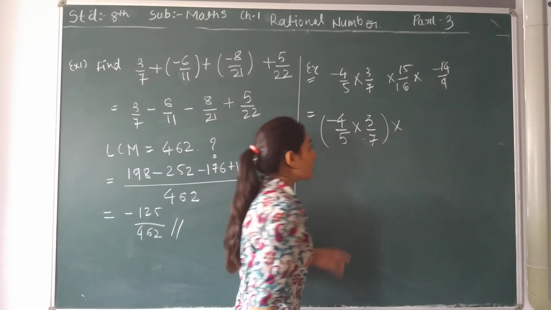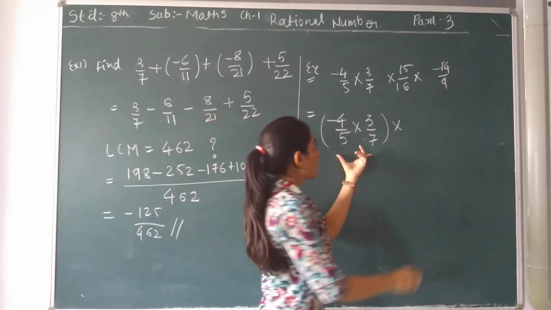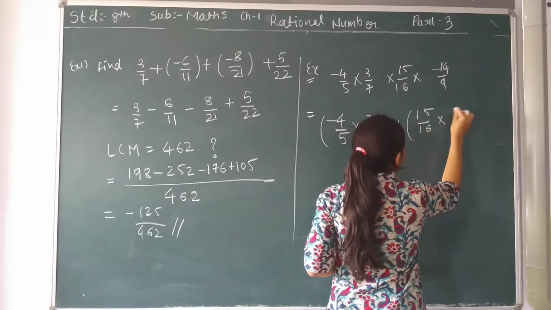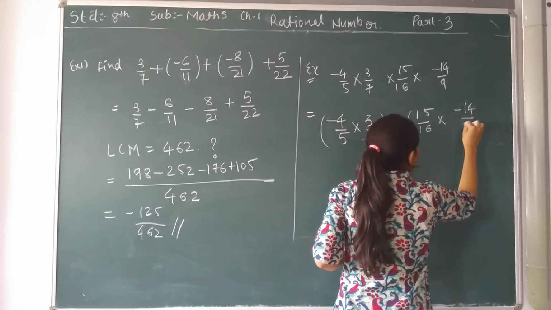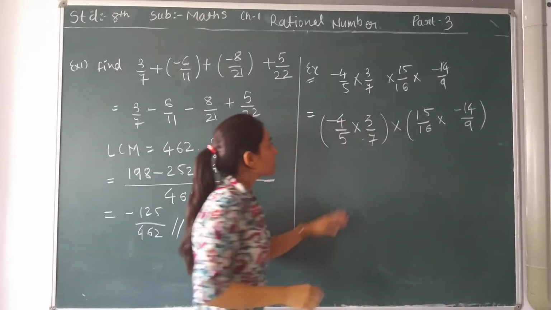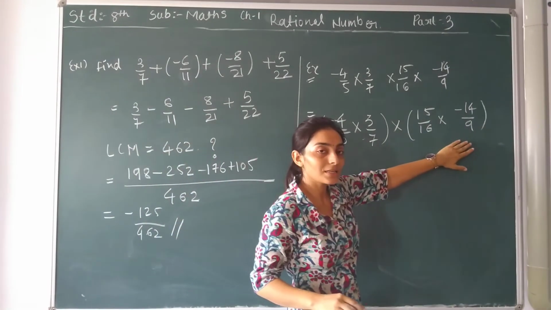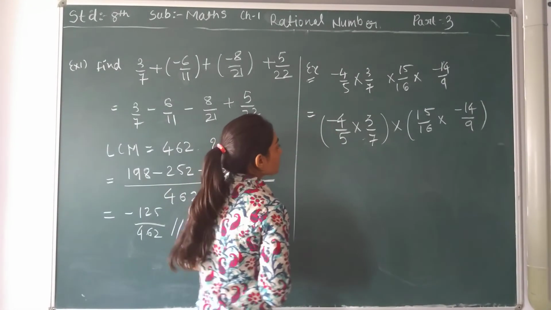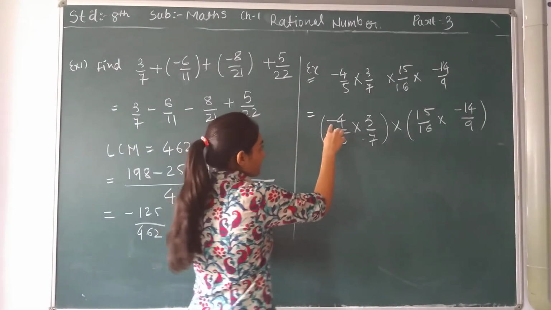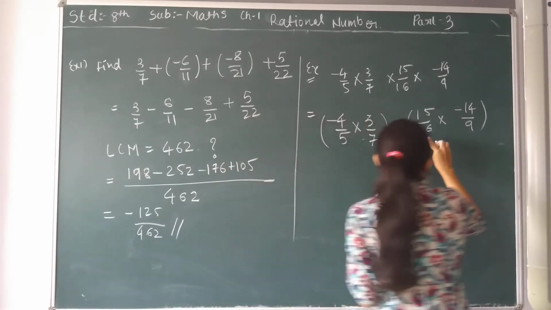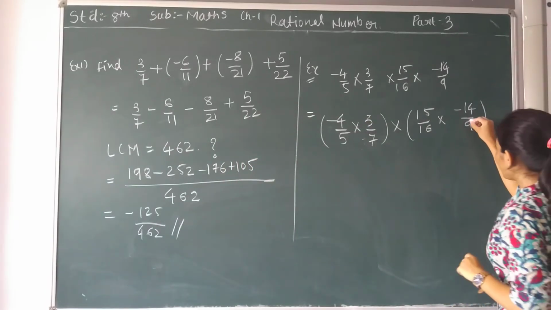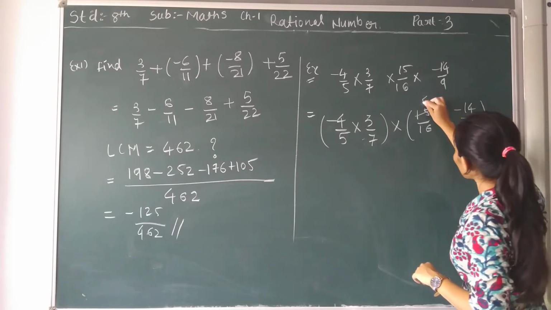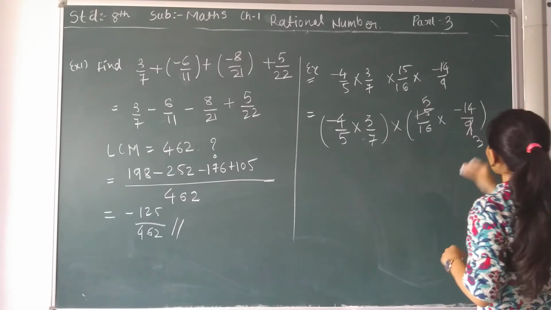Okay, there is no need to make this group if you know how to solve. It's easy while solving. Okay, so first I'm going to solve this one and then this one, and whatever answer comes I multiply with this. So now look at over here, look at this one. 15 threes are 15, so 5 left and 3 left.